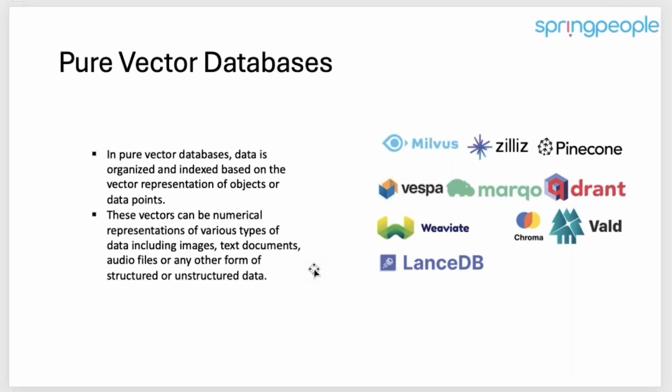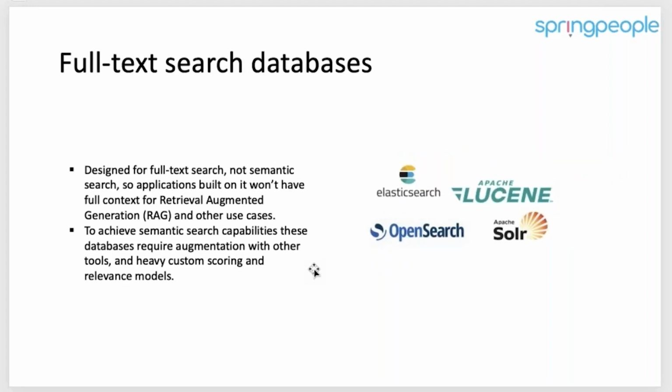And at the back end, they may be using one of the file formats, they may even use embedded databases like SQLite or DuckDB or a Parquet file format to store the actual data. So that's how these pure vector databases are. And then the other form of vector databases are the original search databases, which have now been given the functionality to do the other.